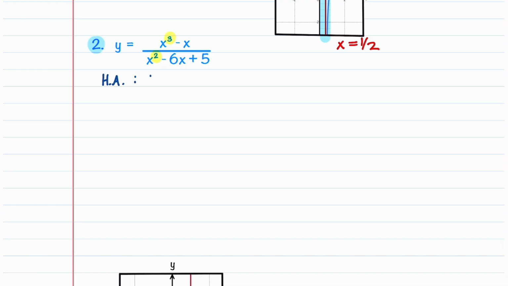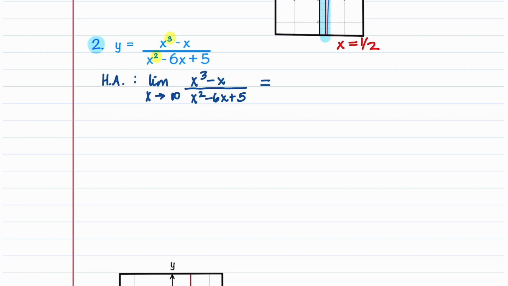Let's begin by looking at the limit as x goes to positive infinity. We're going to divide both the numerator and the denominator by the highest power of x in the denominator, and that's going to be x squared. Let's plug in x to see what we get.